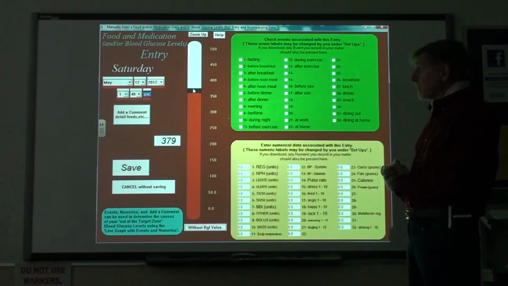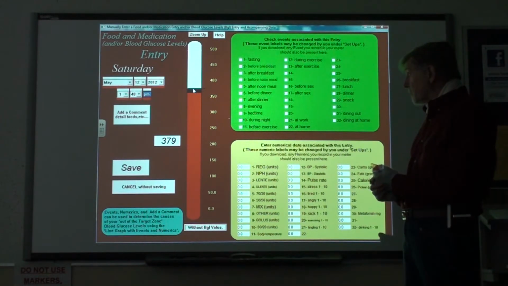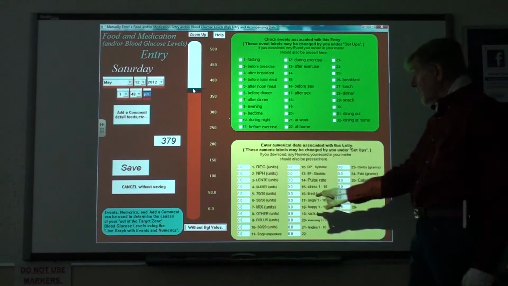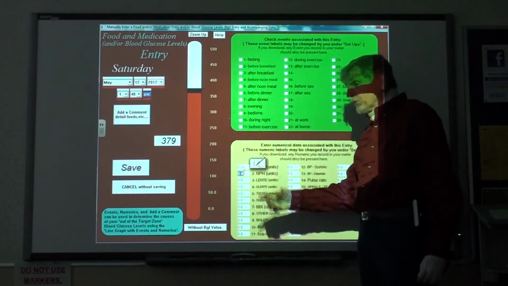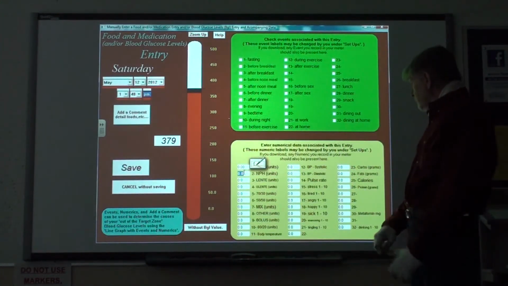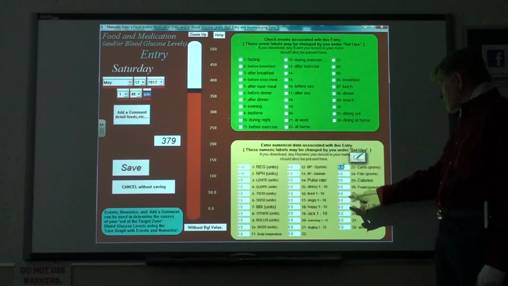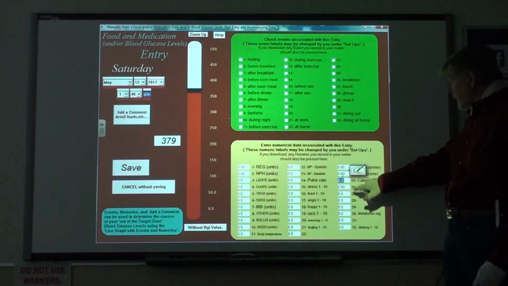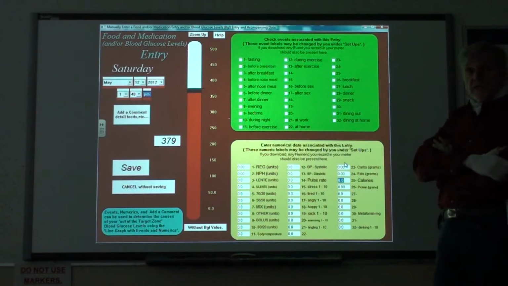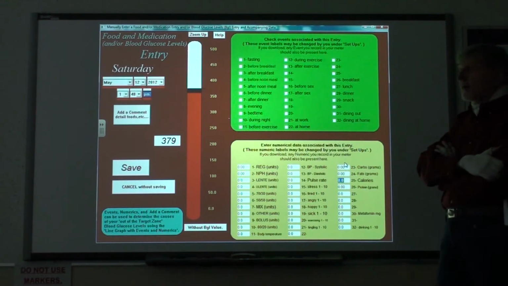At the same time that either you make the reading enter directly or that it comes in through your meter, then you are also allowed to type in certain amounts of insulin that you have ingested at this same time, and you are also to type in the grams of carbs, the grams of fats, the calories, and the grams of protein. Now, you will track these 4 food items in if you are planning to use line graph with events in numerics, and then they will appear on the graph.